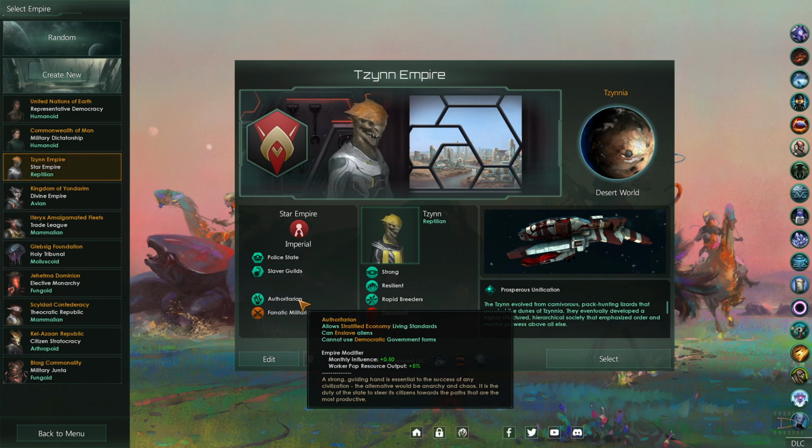Worker pop resource output plus 5%. Man, once I understand how to play this game, I want to feel so smart. I want to be so smart when I know what all this stuff is. I mean, if I figure it out. Strong guiding hand is essential to the success of a civilization.